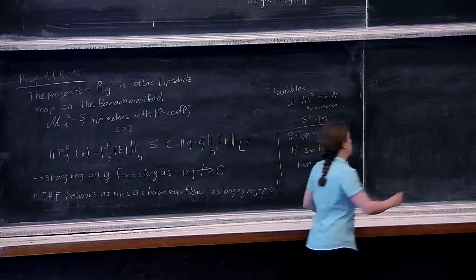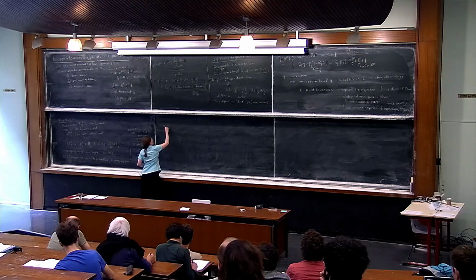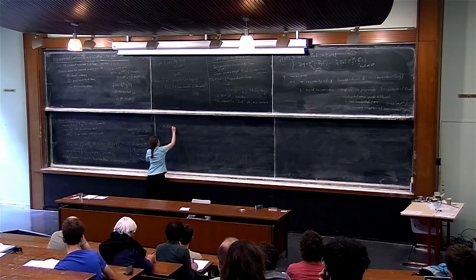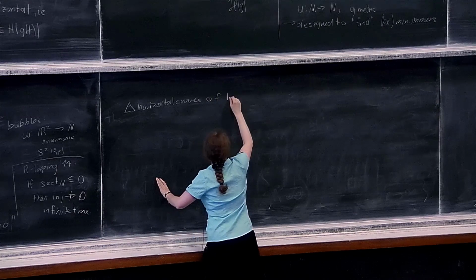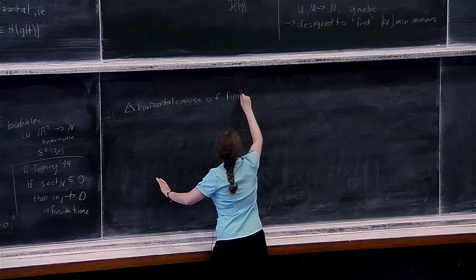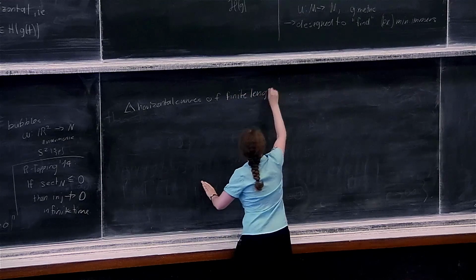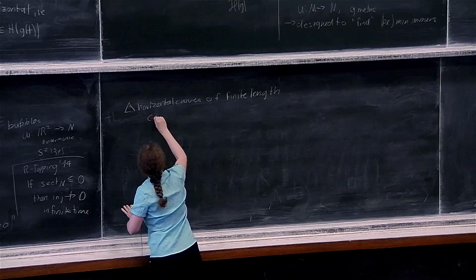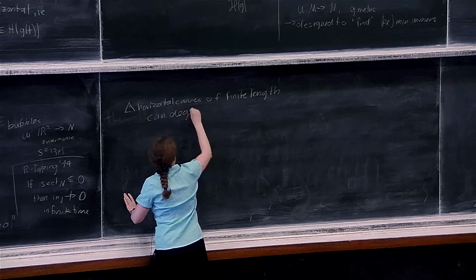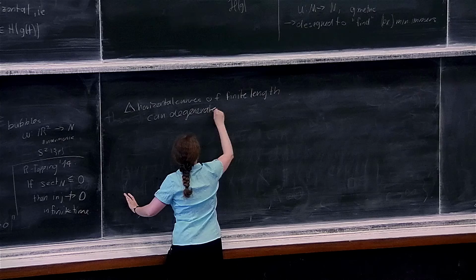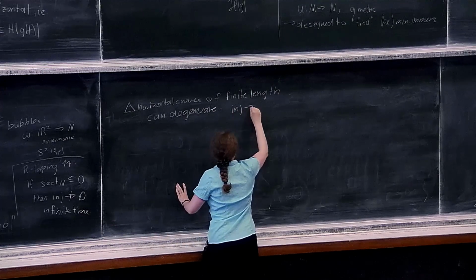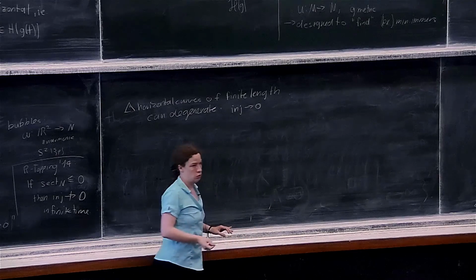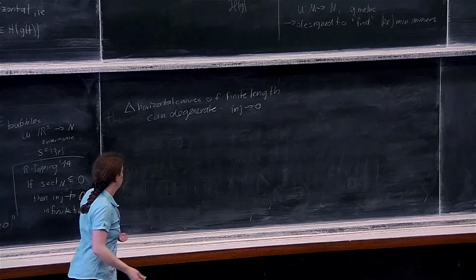Because of this, and we put this as a warning, horizontal curves of finite length can really degenerate. And this degeneration, the only thing which can go wrong in a sense, is the injectivity radius going to 0. So what's the picture of this?